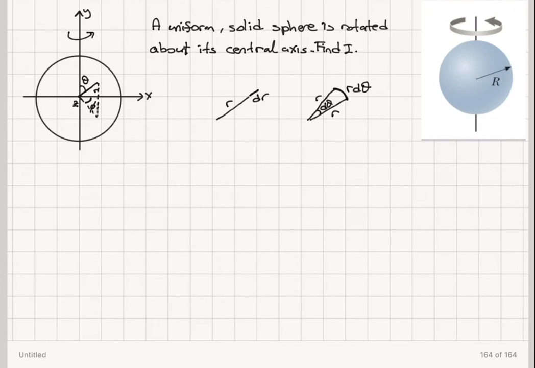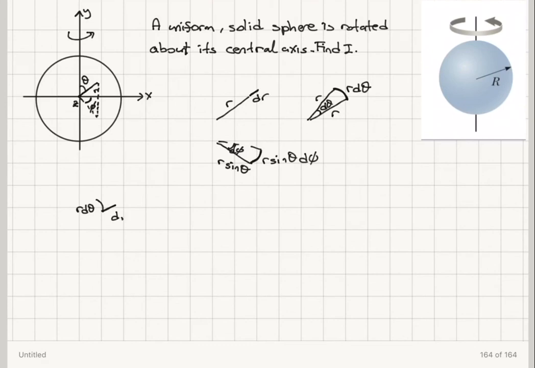And the 3rd dimension will come from the projection of this r onto the xz plane, as I have demonstrated here. So that's going to be r sine theta. So you have a radius r sine theta, and then you vary the angle phi by a small amount. So you will get an arc length r sine theta d phi. So I will have r d theta, that is rotation on the xy plane.